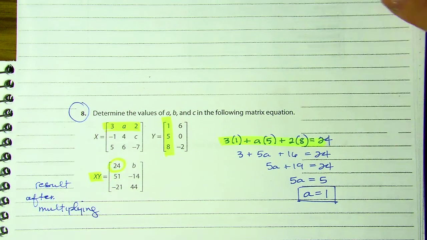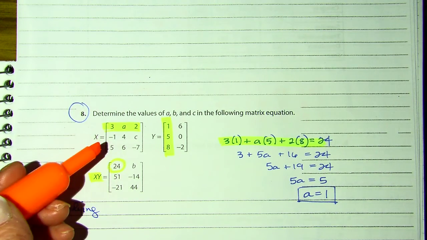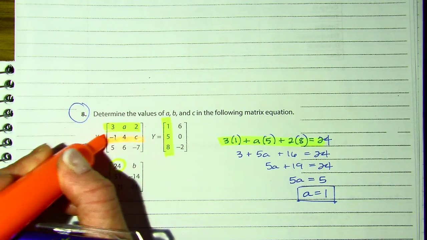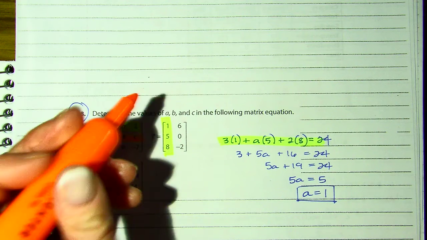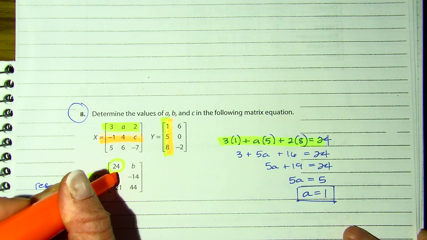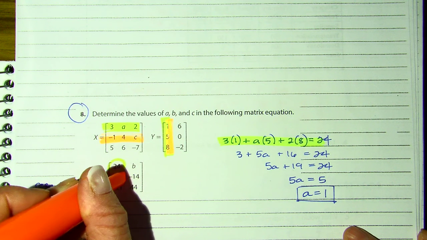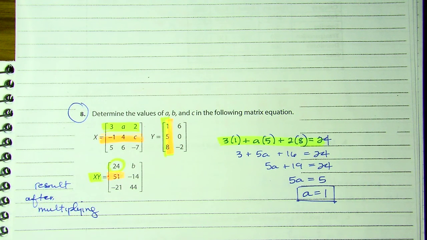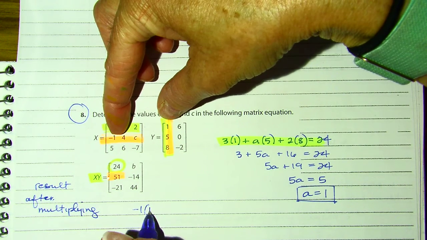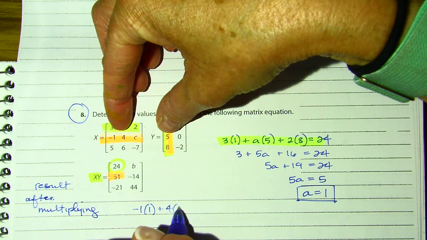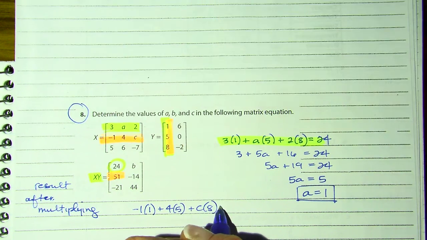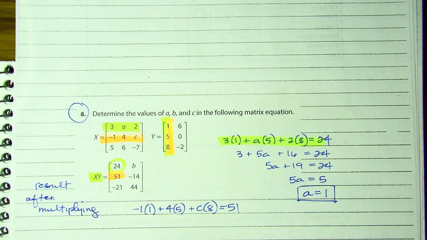Next piece, now that I know A, I know that the second row times the first column would give me this number here. So I know that negative 1 times 1 plus 4 times 5 plus C times 8 equals 51.